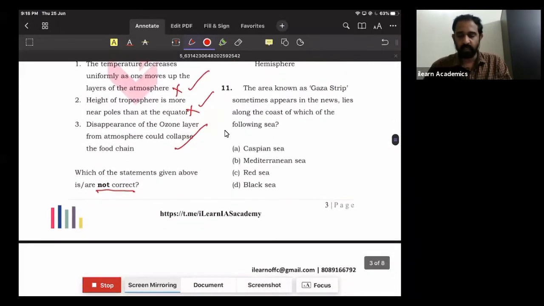So next question, which is from the world map. You have to identify along the coast of which of the following seas you can see the Gaza Strip. The Gaza Strip is one of the territories which form part of the Palestinian territories, Gaza Strip and West Bank. Gaza Strip is actually located along the Mediterranean coastline.